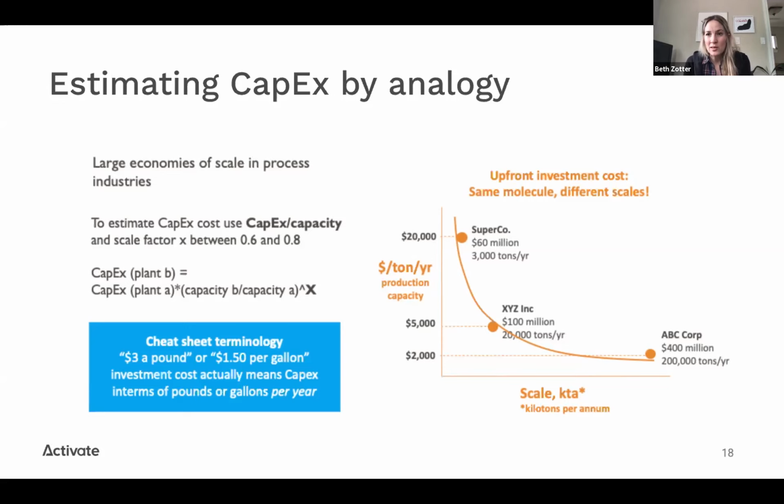When you're talking to people and trying to convince them that you have a value proposition, or this is your cost structure, they're so much more likely to believe it when you're benchmarking it to data that's already been demonstrated. So there are really good reasons for using analogies to estimate your cost and value.